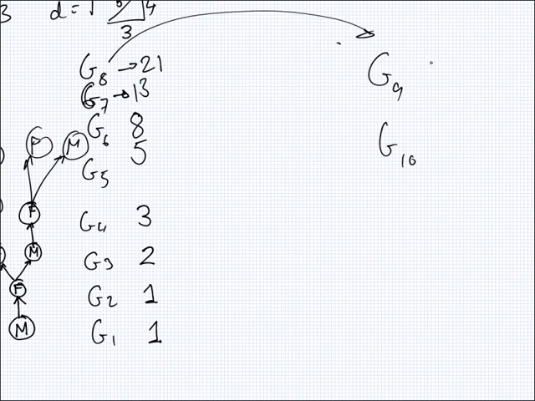And then G9? 34. And then G10? 55. So in the 10th ancestor generation there was 55 in the family tree. Is that okay?